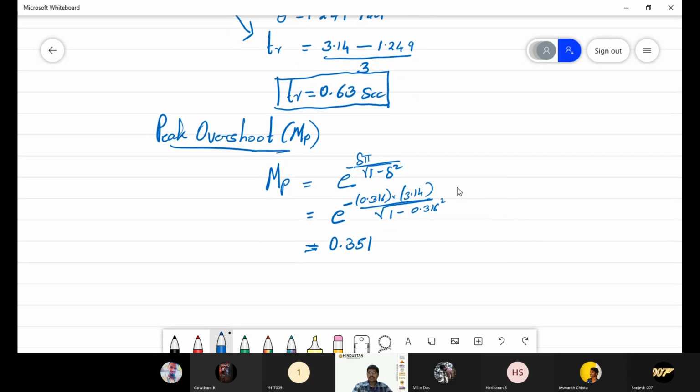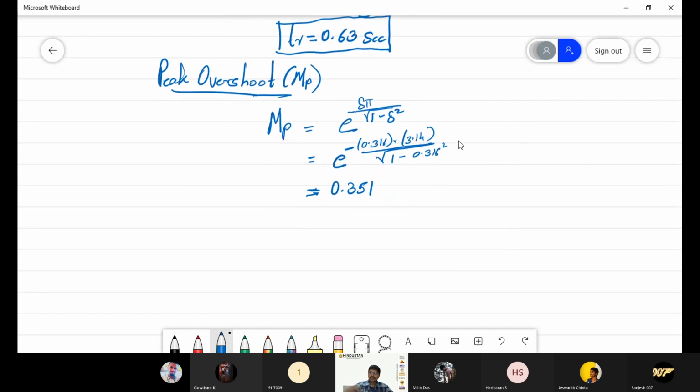Sometimes they may note this in terms of percentage. Therefore, the percentage of overshoot, that is 35.1 percent, you can write. So we found the rise time, the peak time, then the overshoot.